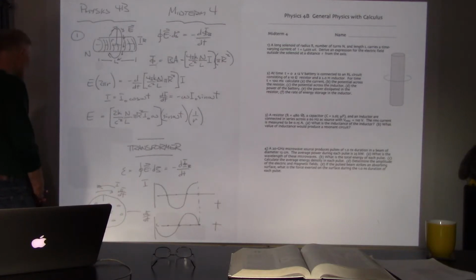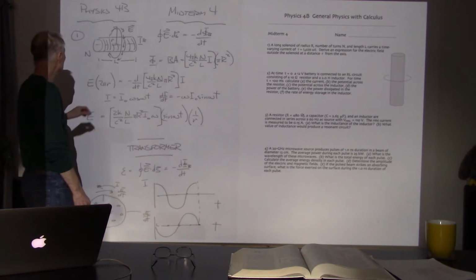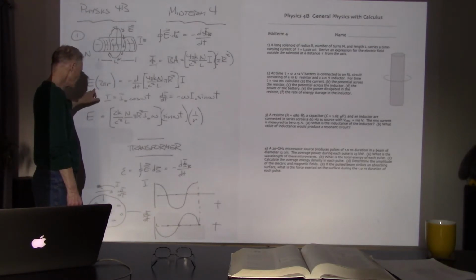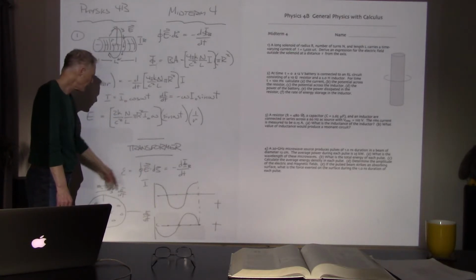And then the transformer thing here is just, those lower diagrams are just showing how I and dI/dt are related. So we're looking at the dI/dt, which is what the electric field depends on, is 90 degrees out of phase with the current.